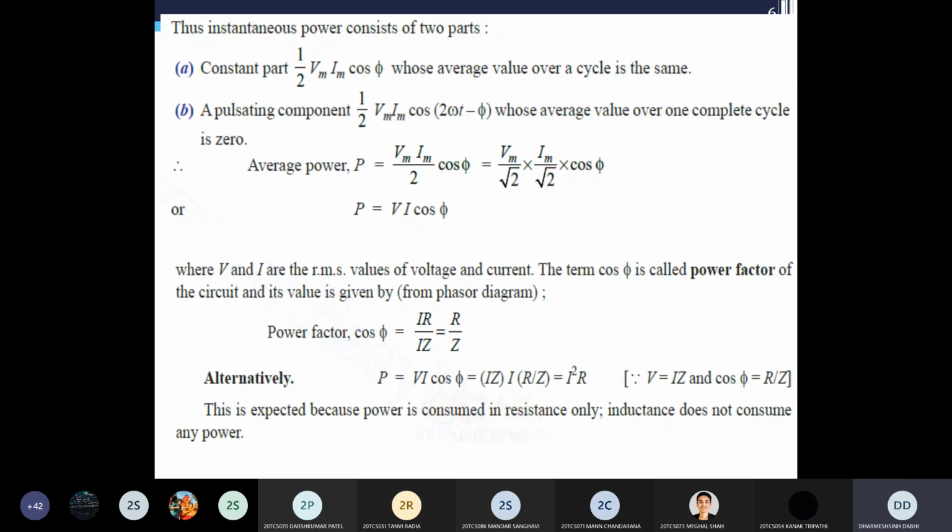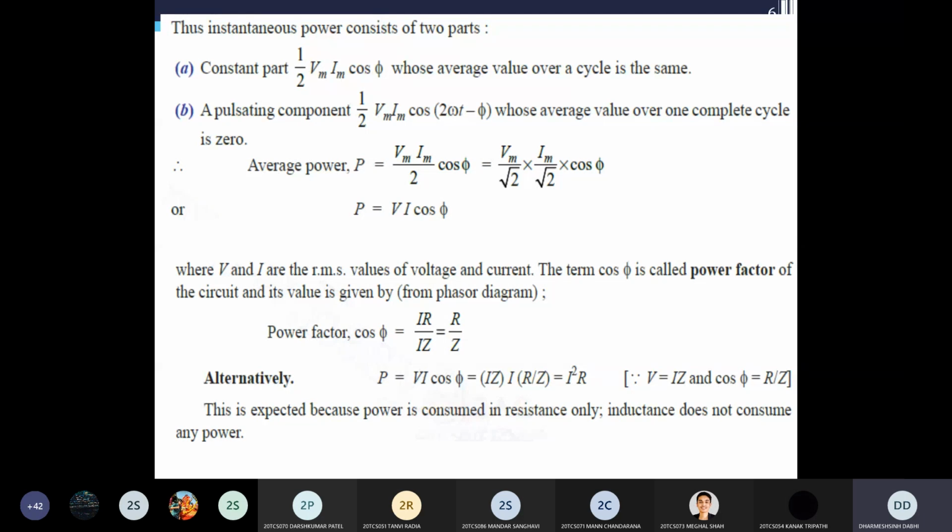So inductor and capacitor store some power for some duration, then release it to the source again. So we can say that inductance and capacitance do not consume power. Only the resistor in the electrical circuit consumes power. That is another difference between DC and AC circuits.